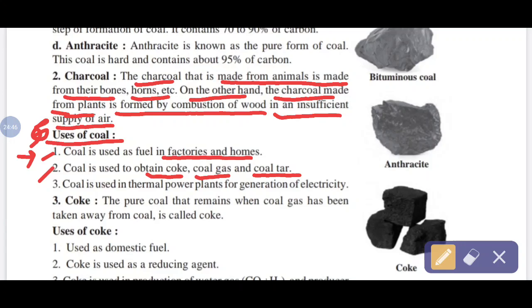Coal tar is used at the time of construction of a road. That black colored tar is used. That is coal tar. For that purpose, coal tar is obtained from coal. And third use, coal is used in thermal power plants for generation of electricity. So these are the three uses of coal given here. Next.